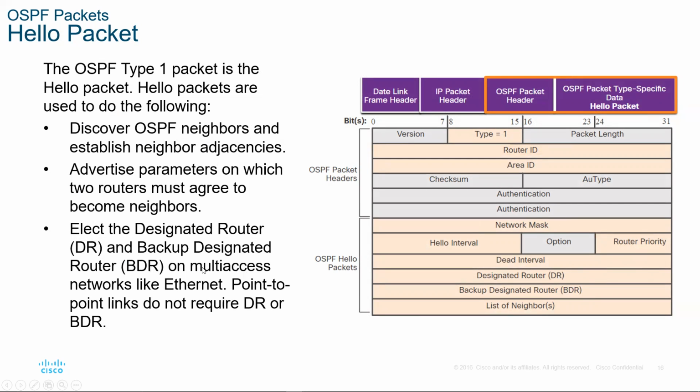We'll go into detail more in a little bit, but basically wherever there's multiple access networks such as Ethernet, where there can be a potential of more than 2 routers sharing OSPF information, there needs to be an election. On point-to-point links, where there is only the potential of 2 devices, there is no election.